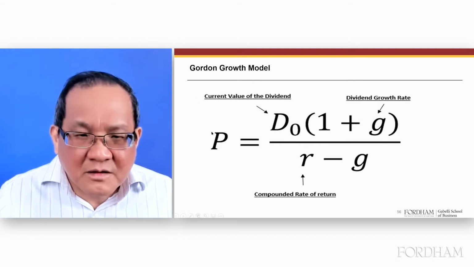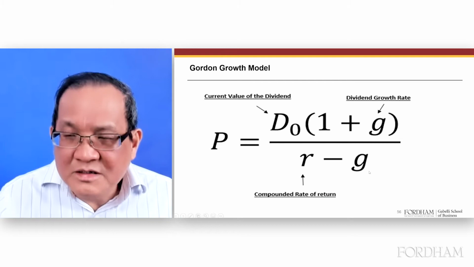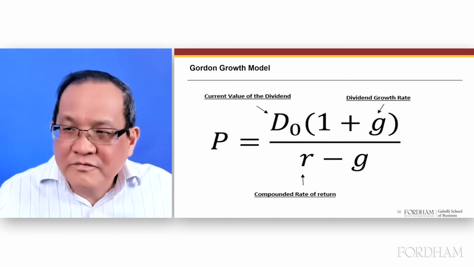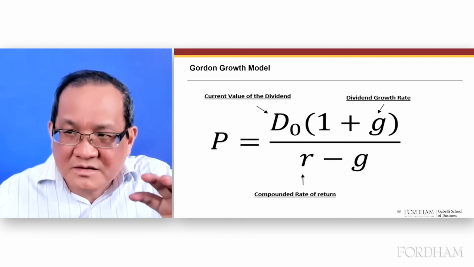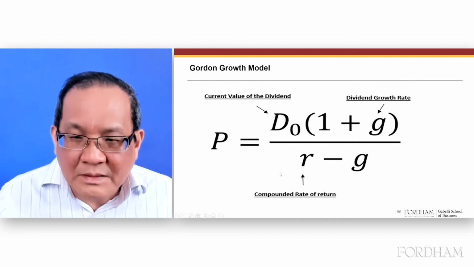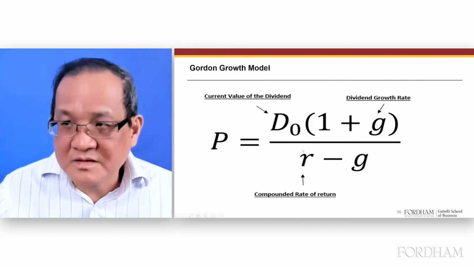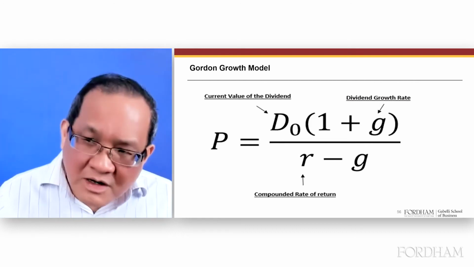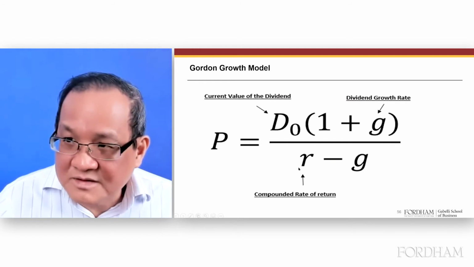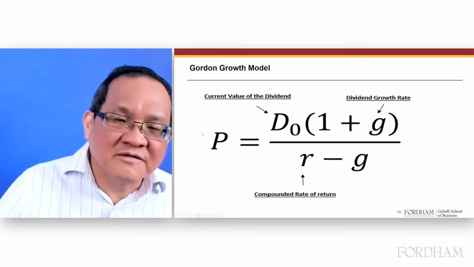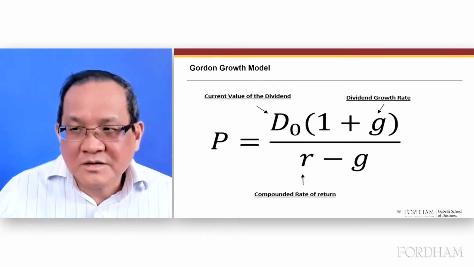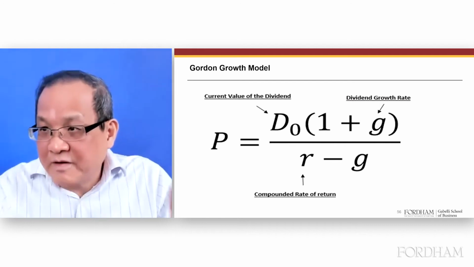So given what we can reasonably input, we can reverse engineer this equation to find out what is the market implied discount rate, rather than coming up with our own estimate for the discount rate to calculate a fair value for the stock, right? So we are doing this the other way around, right?